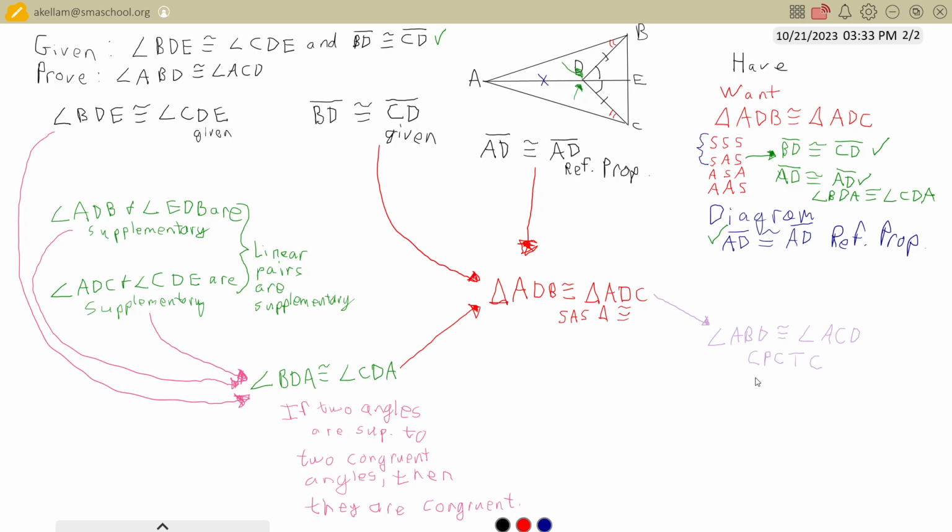This whole diagram, this flow proof, the whole purpose of it is for you to see how the things flow together. Notice that every statement that has an arrow pointing to it is built off of either my given statements or statements that are seen in the diagram.